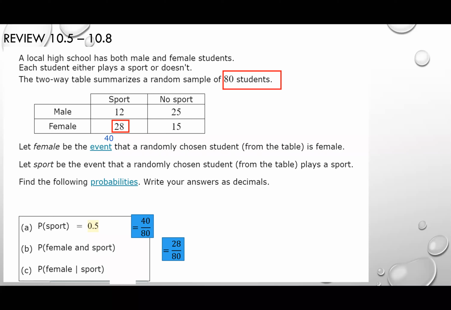And what do we have? This is 0.35. Again, the intersection of the two over the total. And this item basically tells you to take this part B divided by part A.